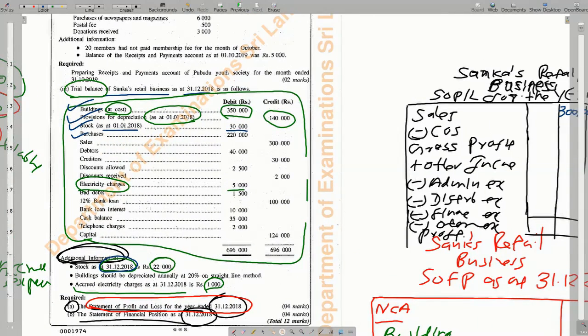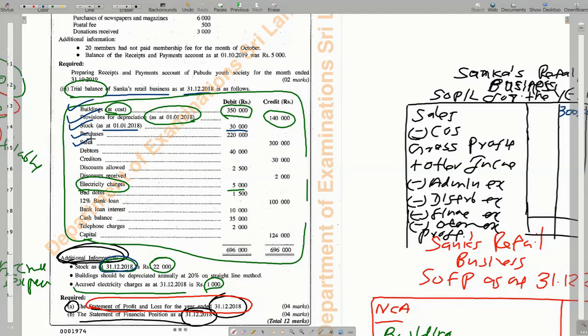Debtors and creditors, of course, come under current assets and current liabilities. Debtors mean we have sold our goods on credit basis, credit sales. So some customers are required to pay some amount to our company. That means we consider it an account receivable.